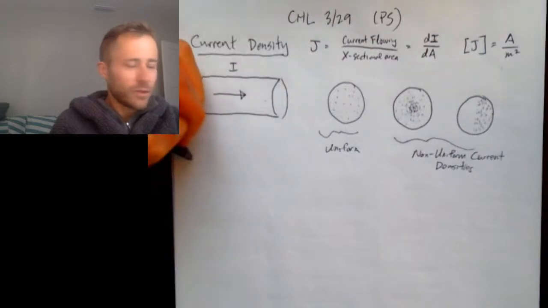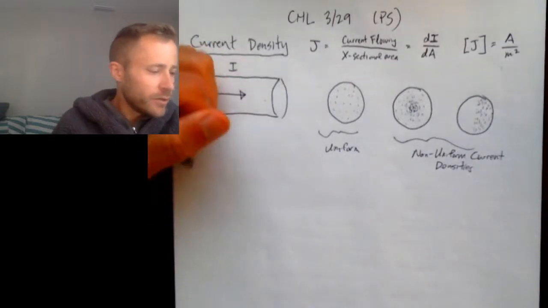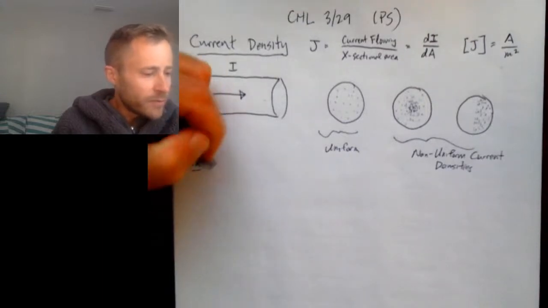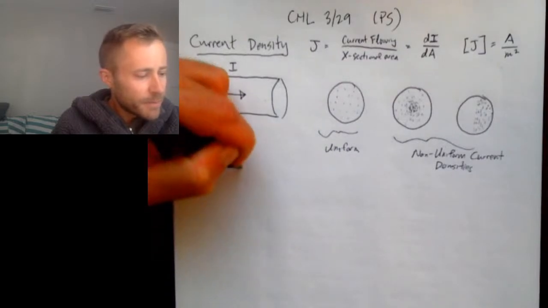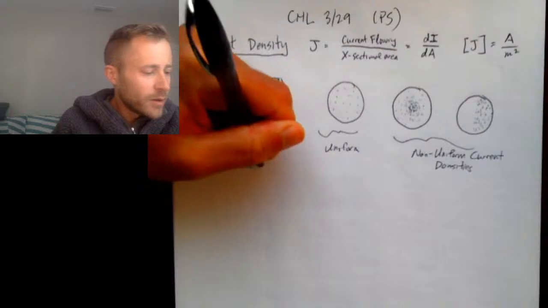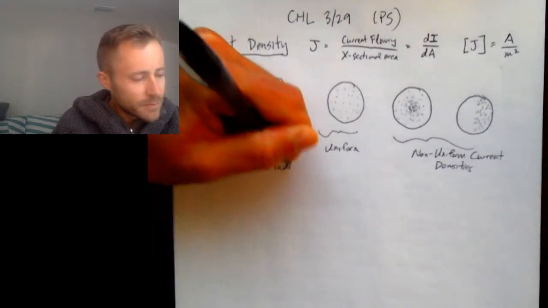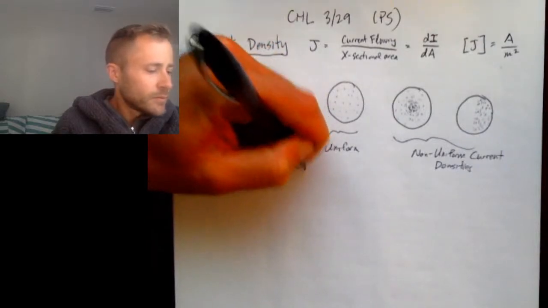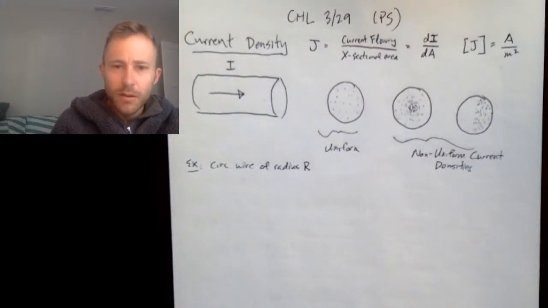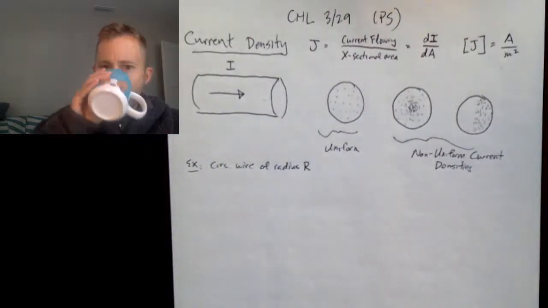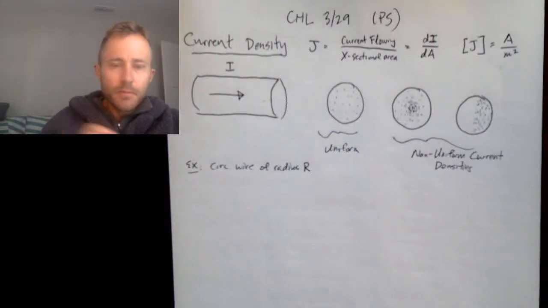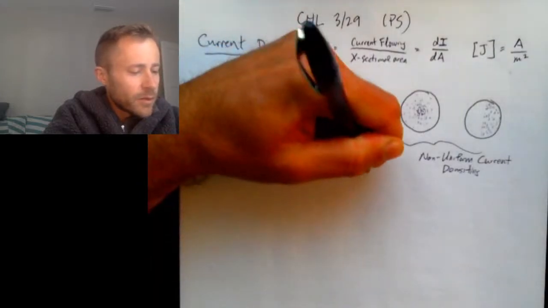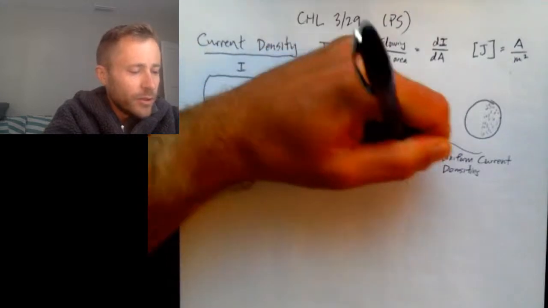So let's just do a couple of examples pertaining to current density. What if you have a circular wire of radius R, big R I should say, carrying current I uniformly.